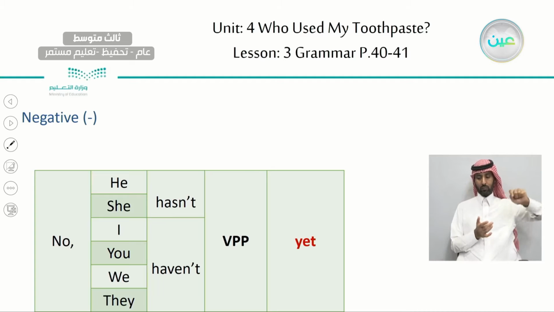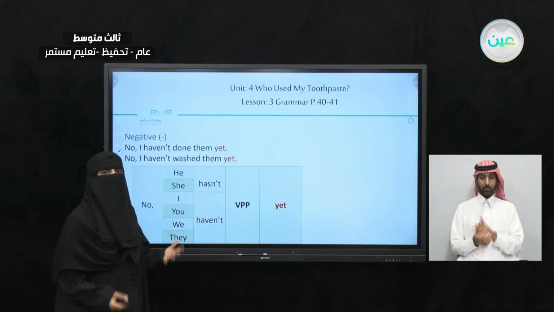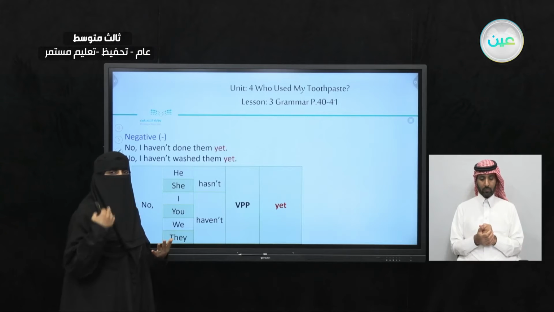Okay, so yet comes with negative statements and questions, and we find it at the end, not in the middle of the sentence. Look at the examples. No, I haven't done them yet. No, I haven't washed them yet. Okay? This is the difference between already, just, and yet.